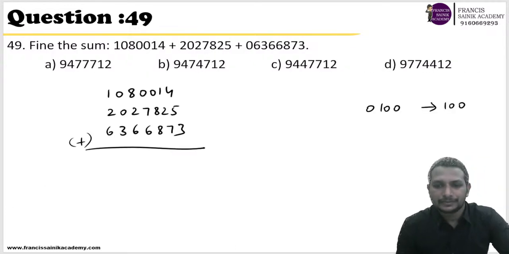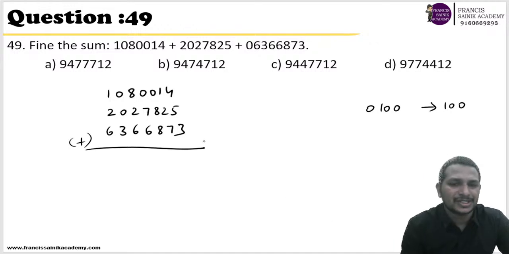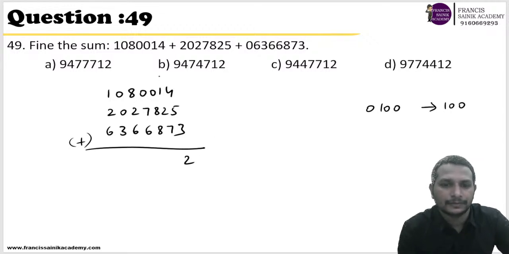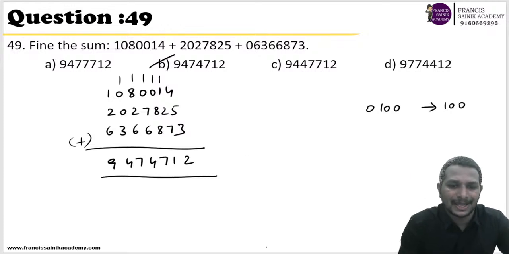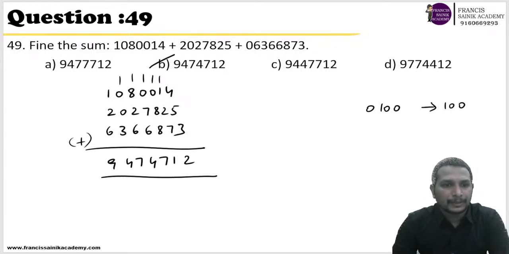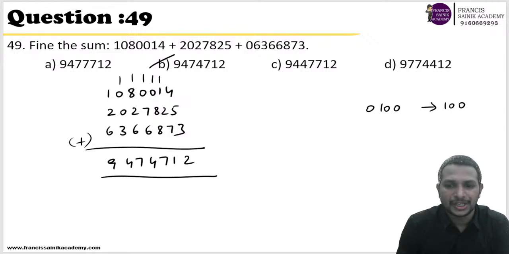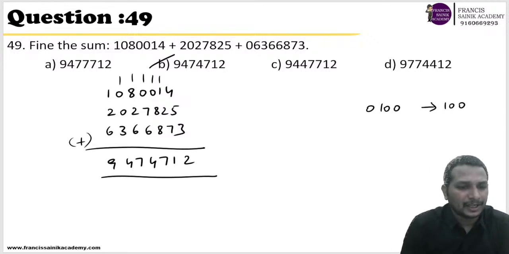The 49th question, they're asking for the sum. It's nothing but adding all of them. The answer is option B. Very easy.